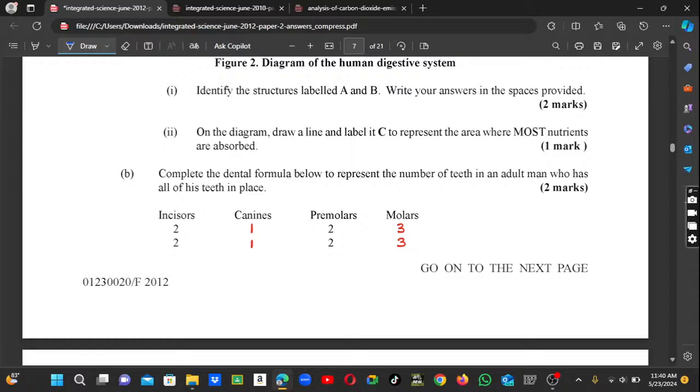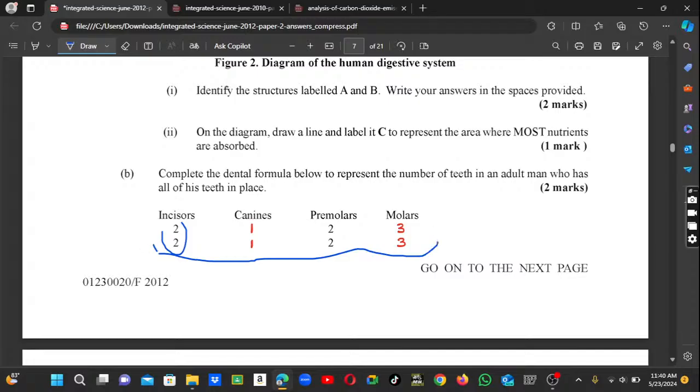formula below, to present the number of teeth in an adult man who has all of his teeth. For incisor, we know there are 2. For canine, 1 on top and 1 below. Premolar, same, 2 top, 2 below. Molar, 3 top, 3 below. So this is the format for the mouth. For example, let me draw this line to show you what's going on here.